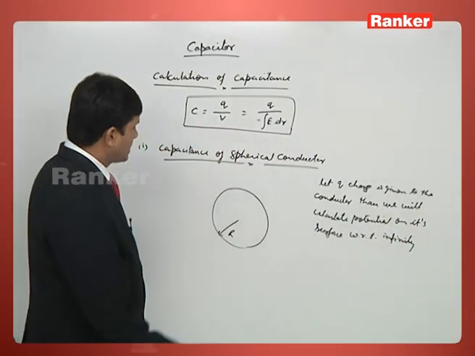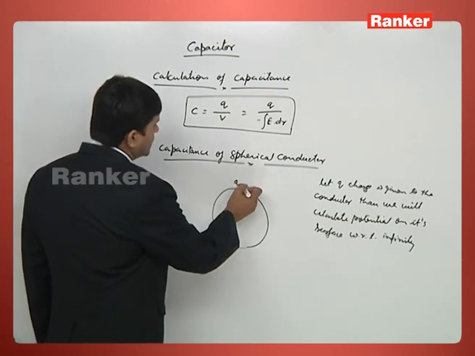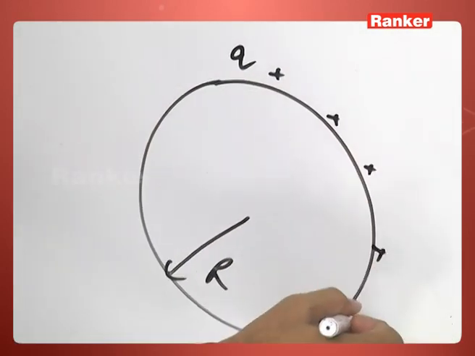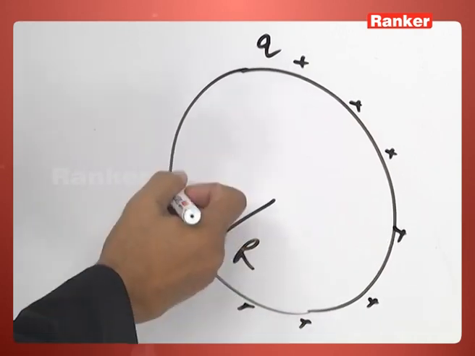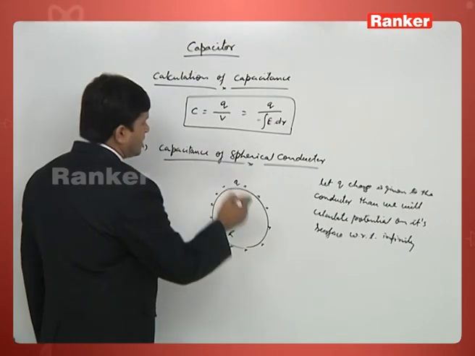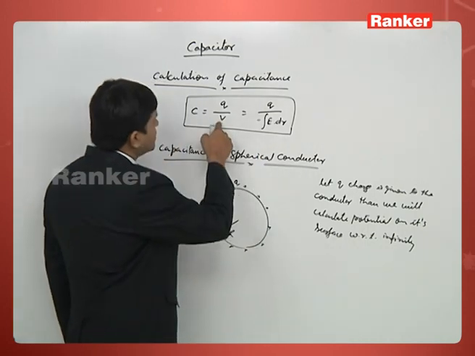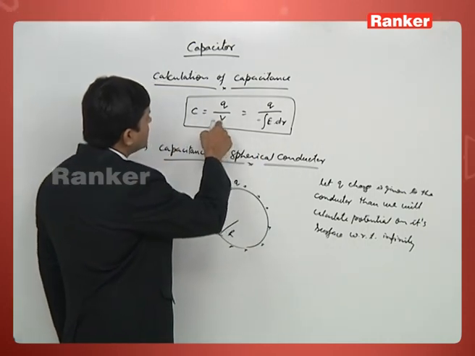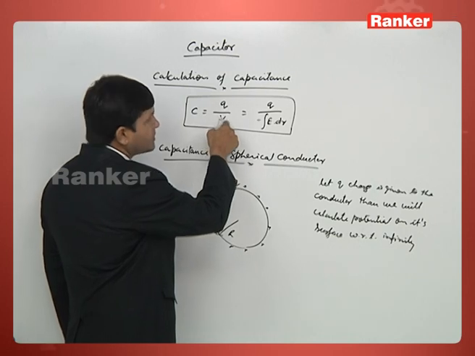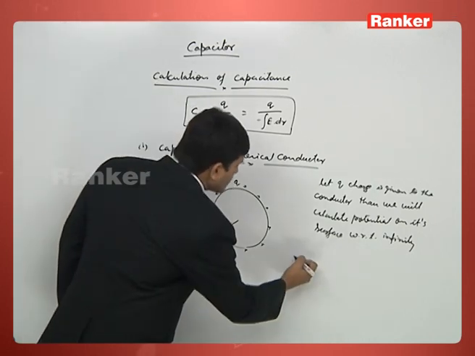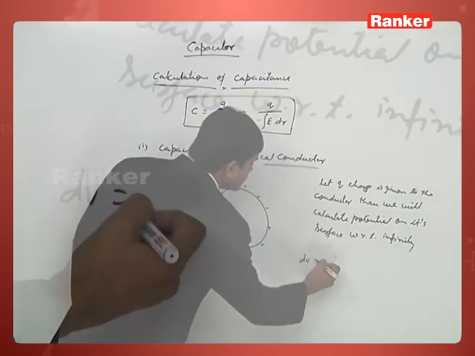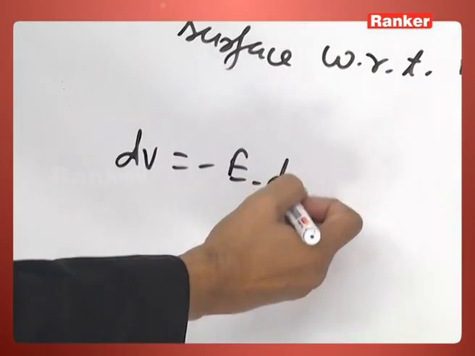If charge Q is given to this conductor, and we would like to calculate the potential, it is the potential difference between the surface and infinity. So dV is equal to minus E dot dr.